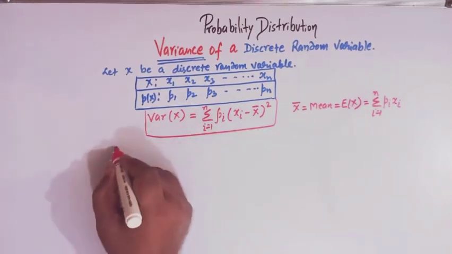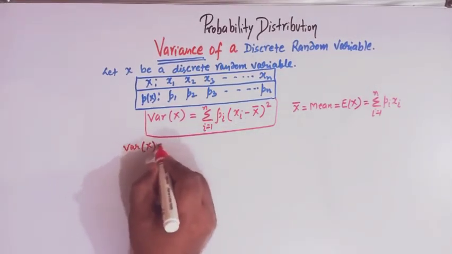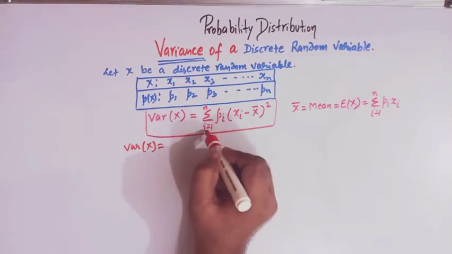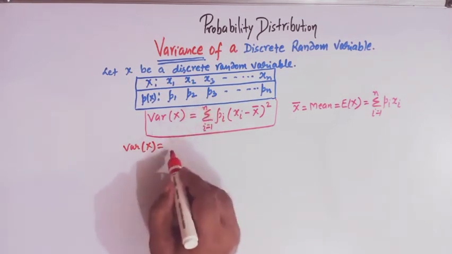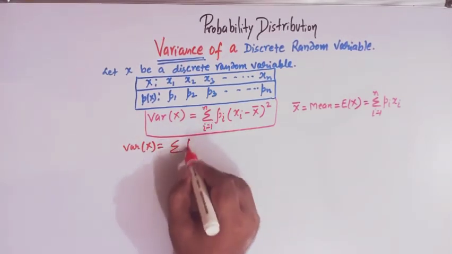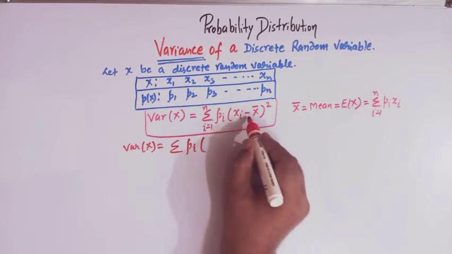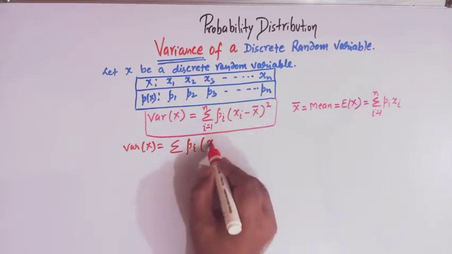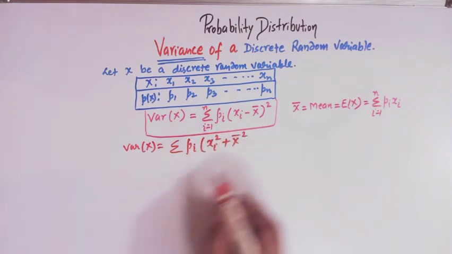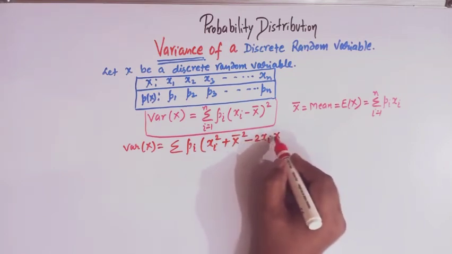So the variance of x can be written as sigma pi, and this binomial (xi minus x bar) whole square can be written as xi square plus x bar square minus 2 xi x bar.